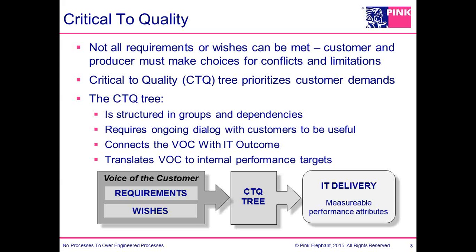So having this discussion right up front, internally, of what we're going to monitor, measure, and report against is very important. When we talk to the customer who is using our end product or service, it's the requirements and our wishes, prioritized. Then we have to talk to the next people in the value chain. Operations is one part of the value stream at the end.